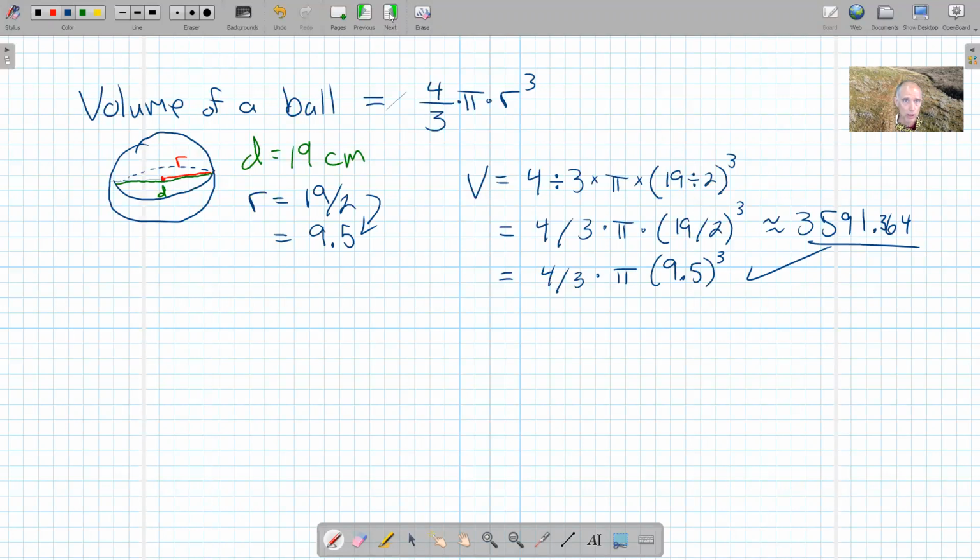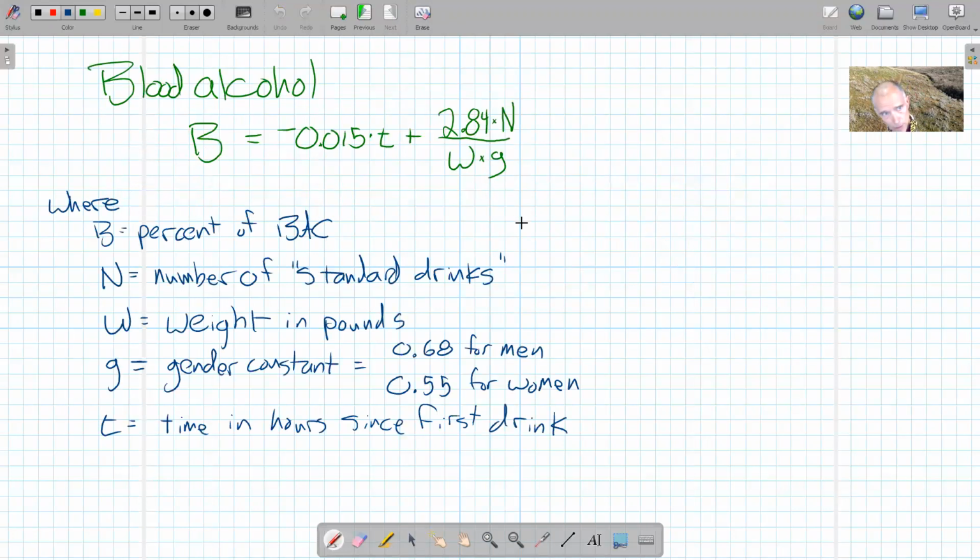Let's try another one. All right, so this one's a bit more complicated. I have an equation here for blood alcohol. And so my B, that big B right here, is the percent BAC. So for example, in a lot of states, the legal limit is 0.08. 0.08 what?